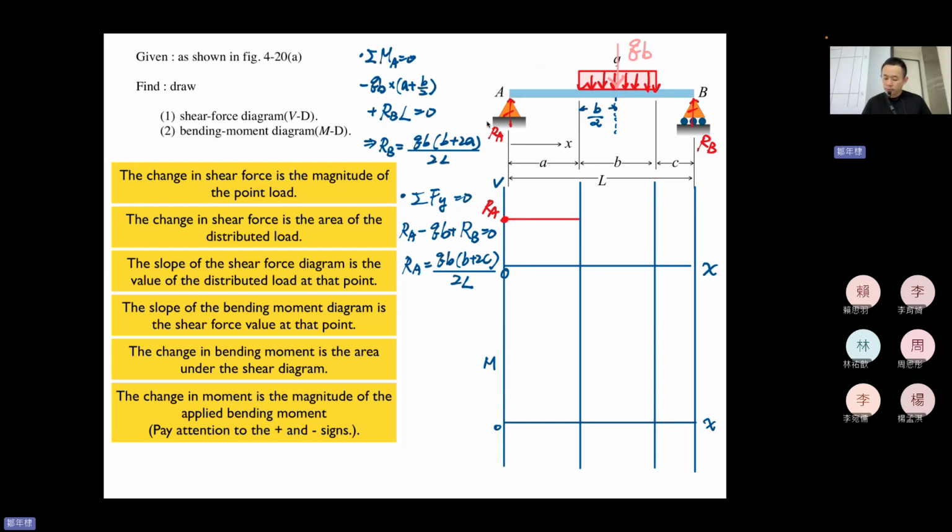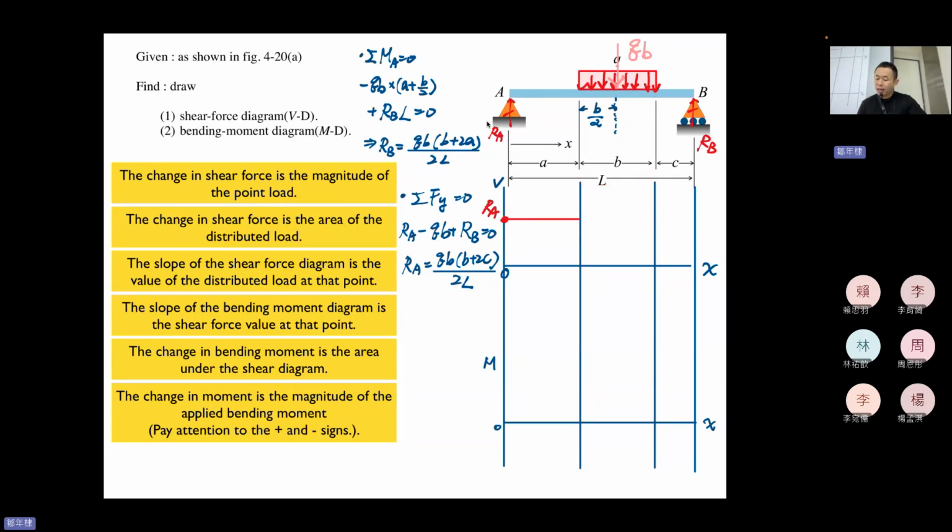Okay, now you can see that the change in the shear force is the area of the distributed load, because we meet a distributed load at this point, right? So this area QB will be the change in shear force within this range, right?